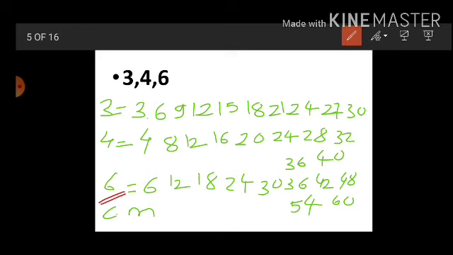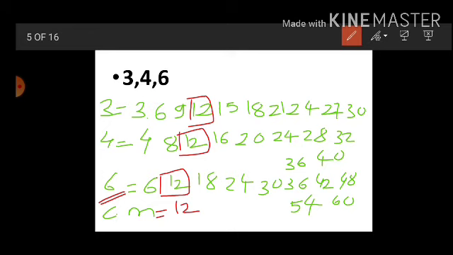We will take the common multiple of all three numbers 3, 4, 6. Okay, now 6 twos are 12. 12 is a multiple of 6, 12 is a multiple of 4 and 12 is a multiple of 3. So 12 is a common multiple of the three of them.